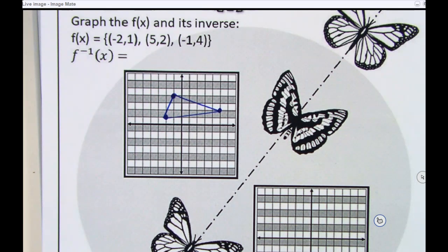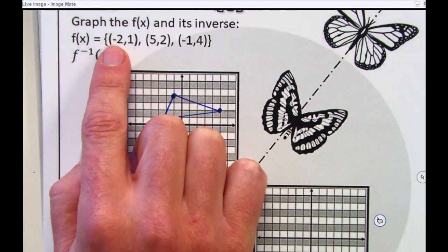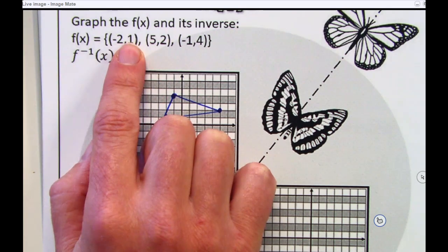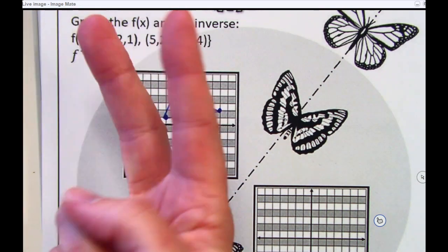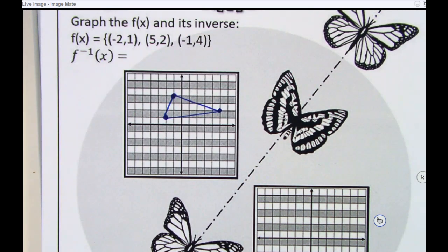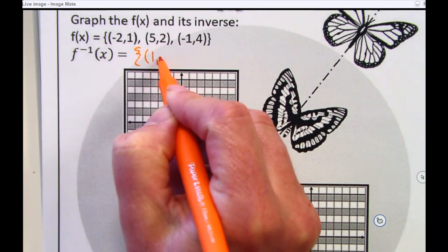Looks like everybody's feeling pretty good about that. Okay, if I have a point that is x and y, guess what the inverse point is? Trade places. That's all we're going to do. So the inverse function then would be trade the x and y places.